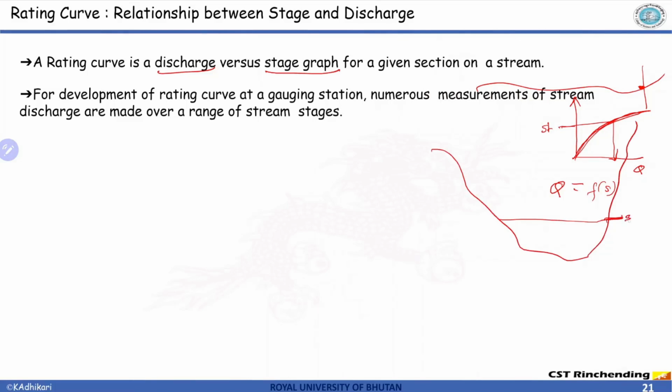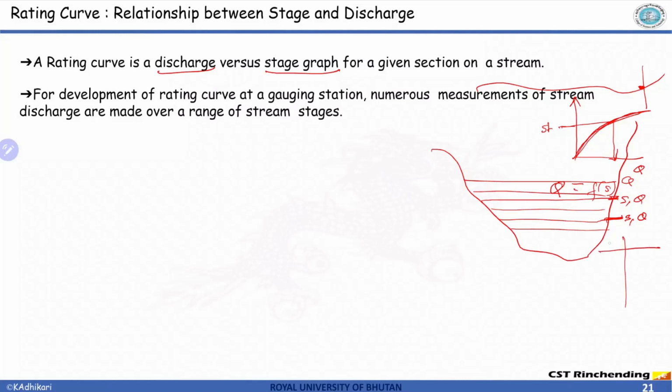We know the stage and then we calculate the discharge. At this stage we do the discharge computation, at that stage we do the discharge computation, and at various stages we do discharge computation. Now if you tabulate the values, we'll have stage in one column and discharge in another column. From this tabulation we draw the plot, that is the rating curve.